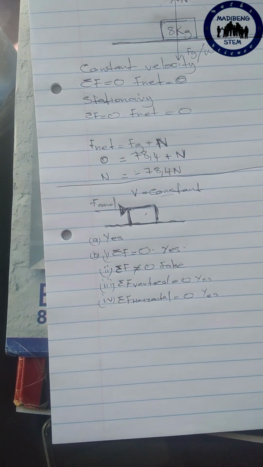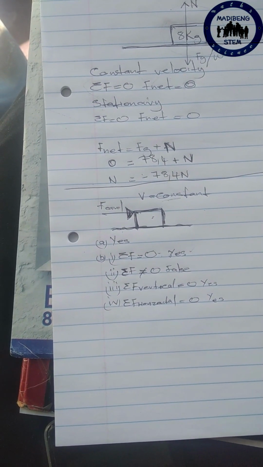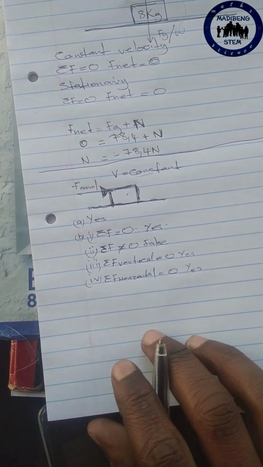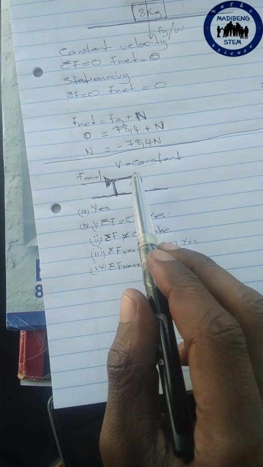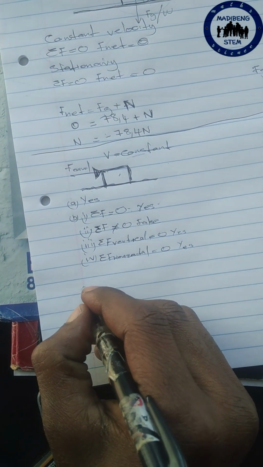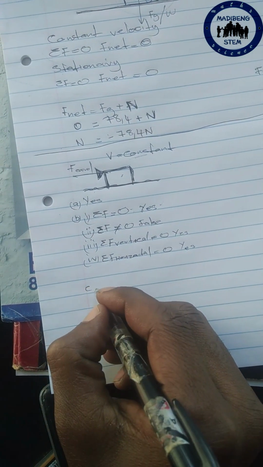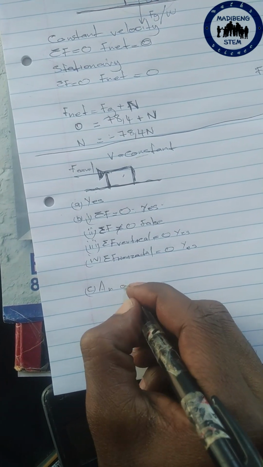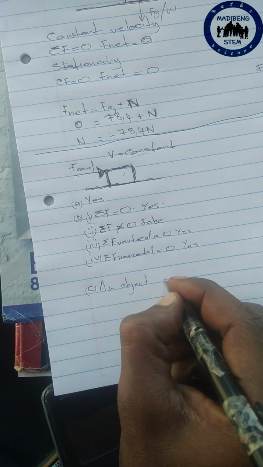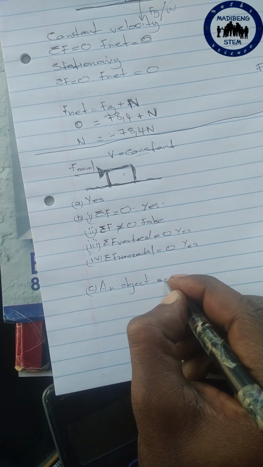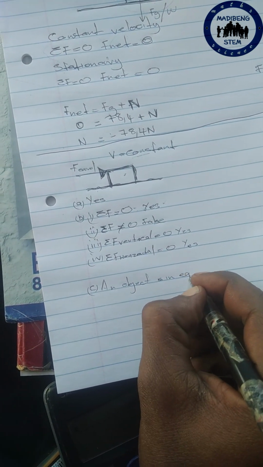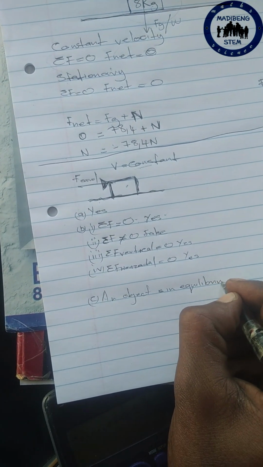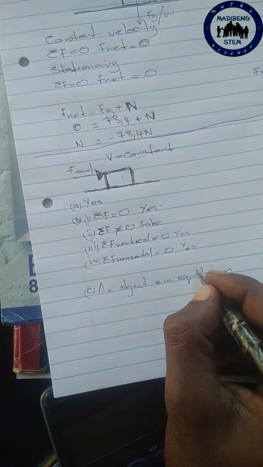So now they're asking, give reasons for your answers in B. The reason is because this object is in equilibrium.